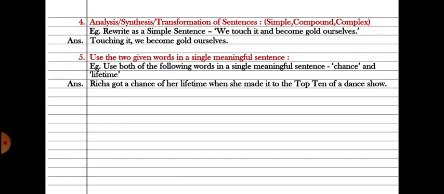Answer: Richa got a chance of her lifetime when she made it to the top 10 of a dance show. Here it is essential that whichever two words you are given, you are able to use both of them in a single meaningful sentence effectively in order to score your marks.